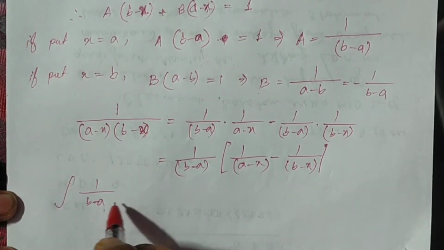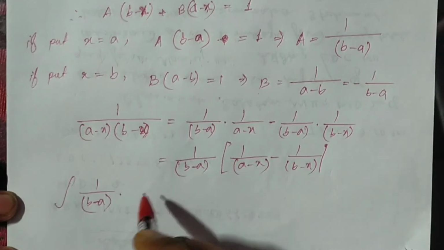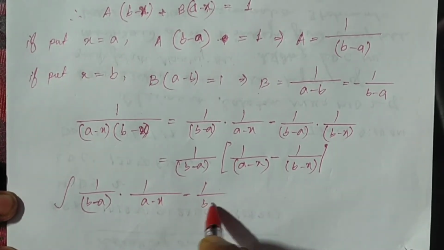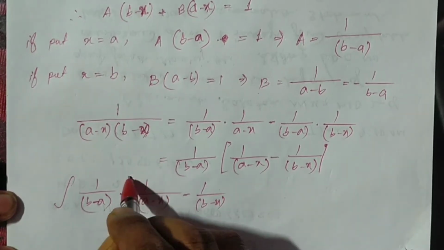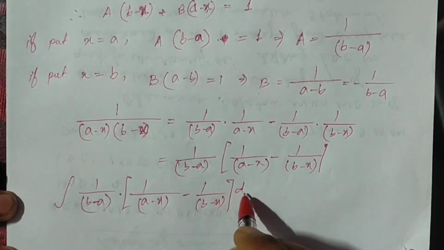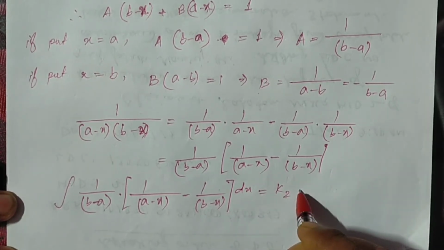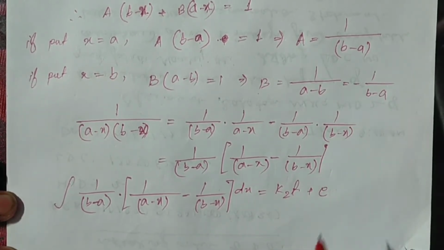Okay, so the integration part will be like this: integration of dx by (a minus x)(b minus x) is equal to k2t plus c.